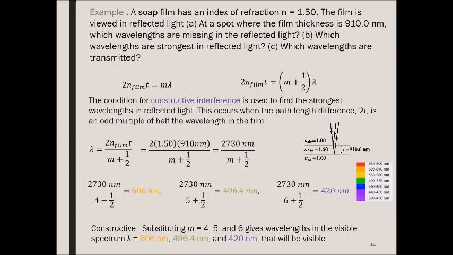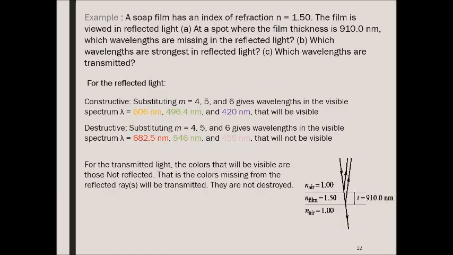Then we can do the same exact thing for constructive interference, using the formula with the m plus a half, and we get these wavelengths, which are the ones that we can see in the spectrum. If these are for the reflected light, these are the wavelengths we found for constructive interference, so these are the ones we can see.